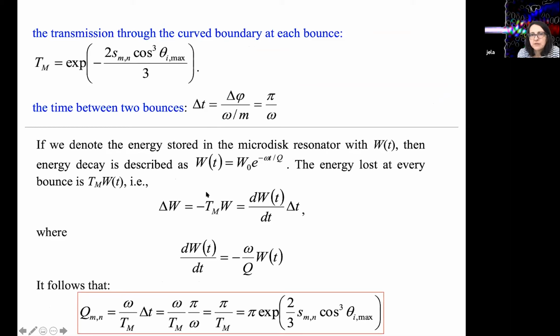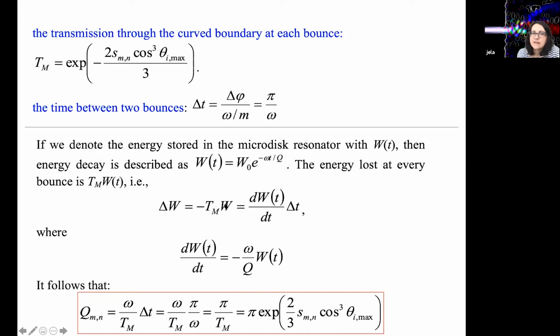So if you simply take the derivative of that, it would be proportional to minus omega over Q, as shown here. So the time derivative of the energy, which is giving you power, would be proportional to minus omega over Q times energy. But I also know that at each bounce from the surface, the mode would lose some fraction of that energy, which is given by the transmission factor that we found before, right?